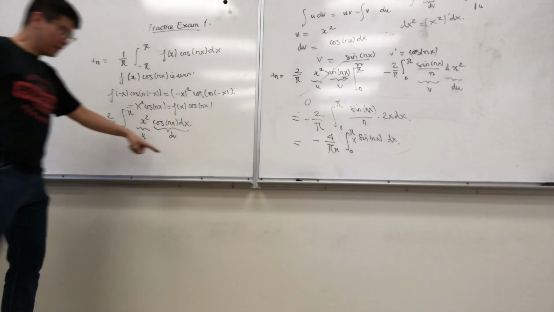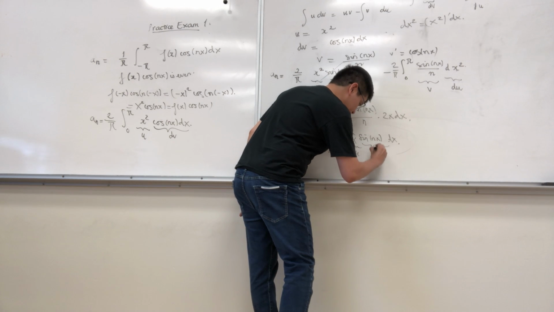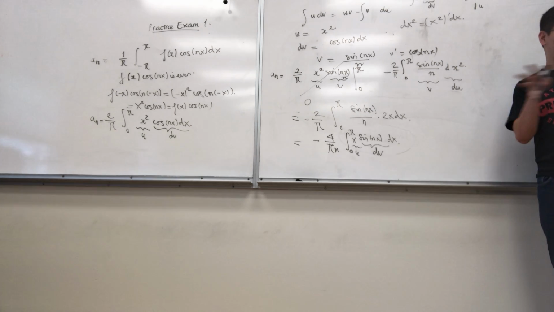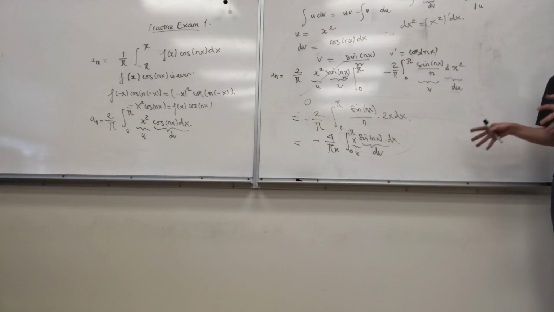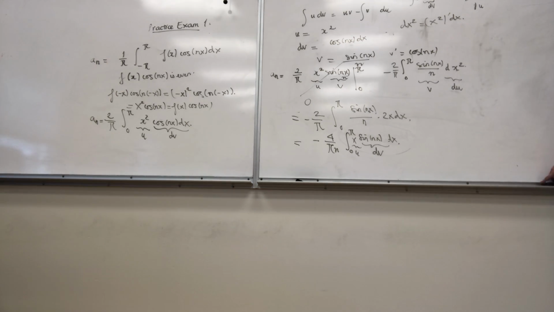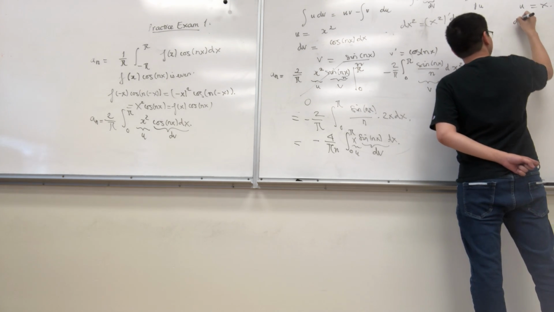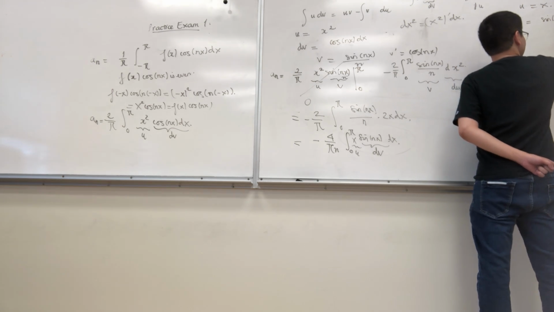Okay, so now I have to compute this one. I have the u, and this is the dv. Whenever you have an integration by parts, you group all of the polynomials into one factor, u, and all of the cosine and sine into dv. Now u is going to be x, and dv will be sine of nx dx.